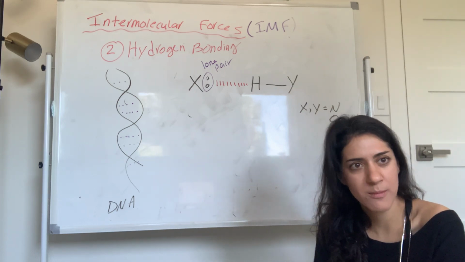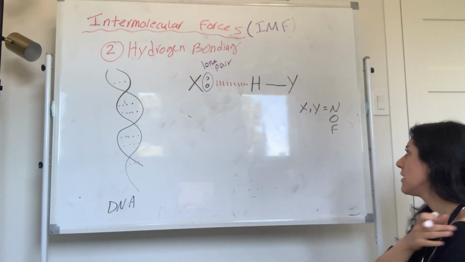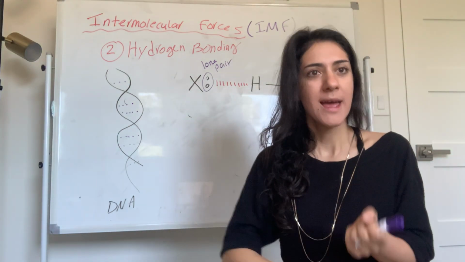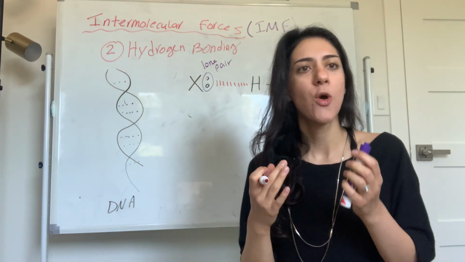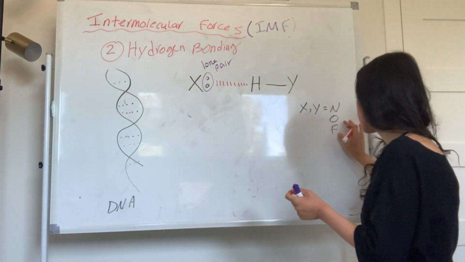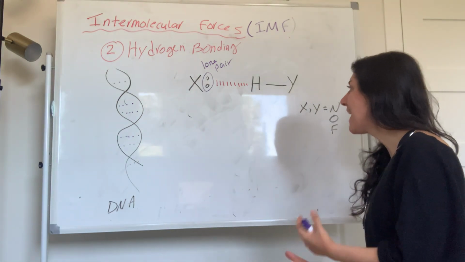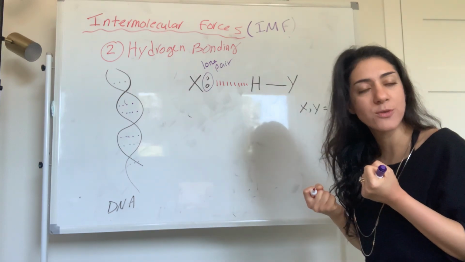What do you think from remembering previous chapters? Oxygen, fluorine, and nitrogen, those are electronegative. Now, if you have a high electronegativity, what does that mean? So oxygen, nitrogen, and fluorine, they have a high EN value. If you have a high electronegativity, what that means is you're pulling the electron towards yourself.